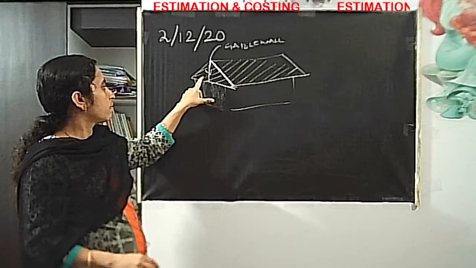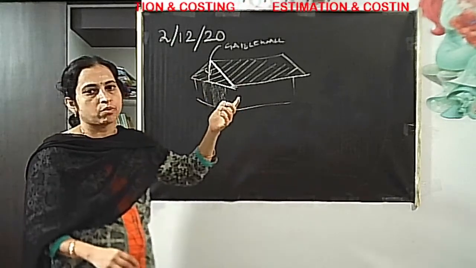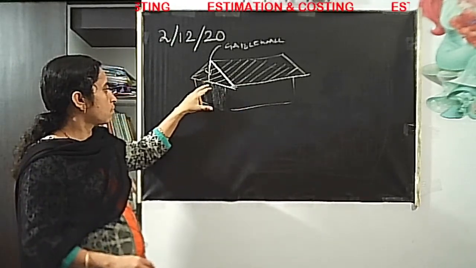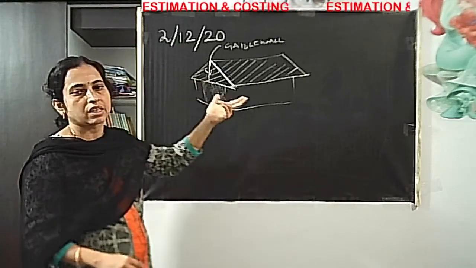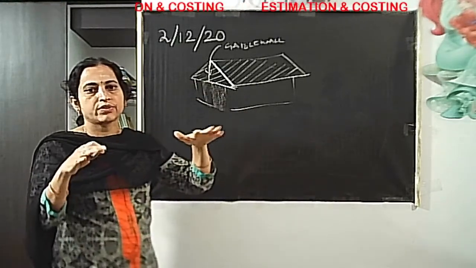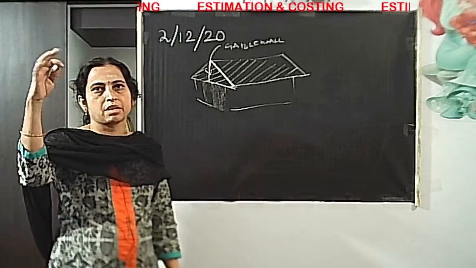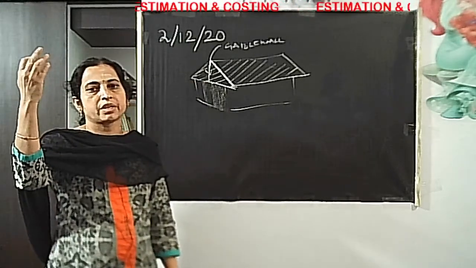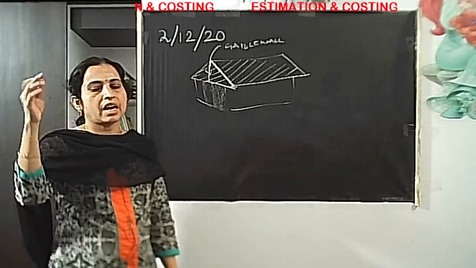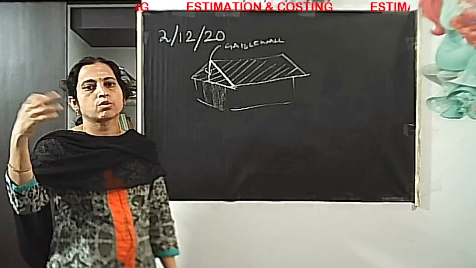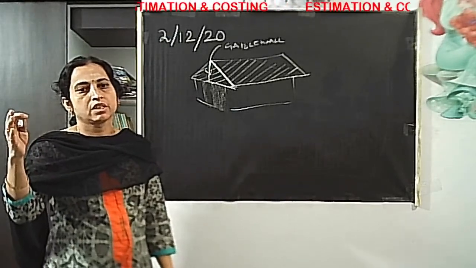When we are calculating the brickwork in superstructure, usually in the other problems we have flat roofs, so we have the brickwork up to 3 meter or 3.15 meter. We take the height as 3.15 meter, and there is no additional brickwork to add.